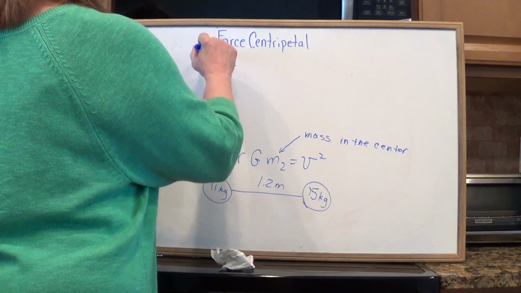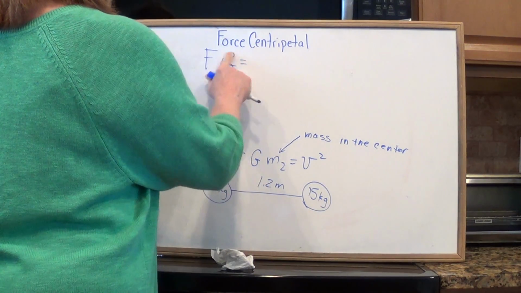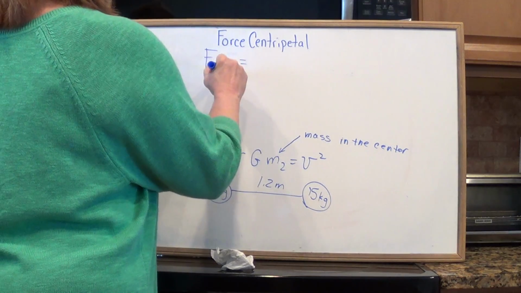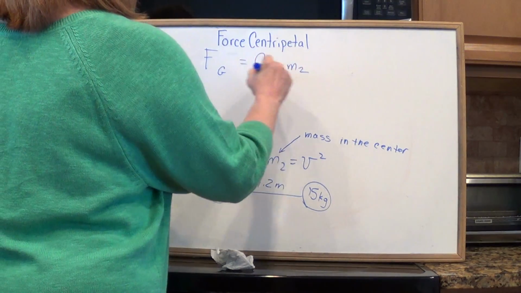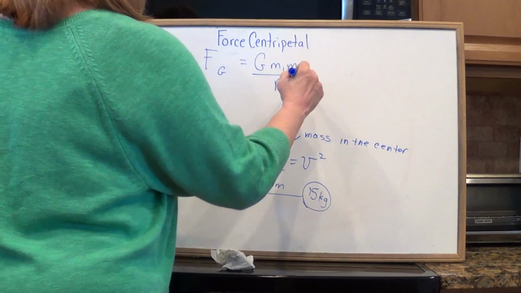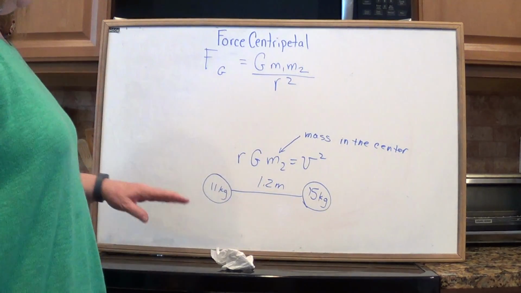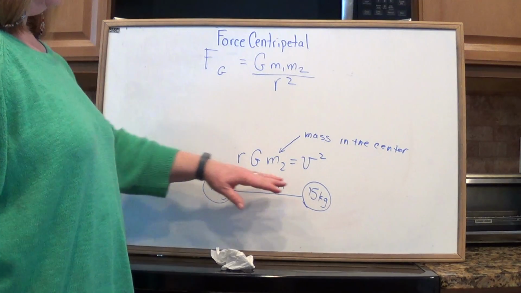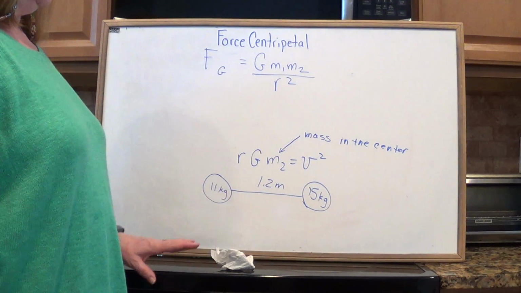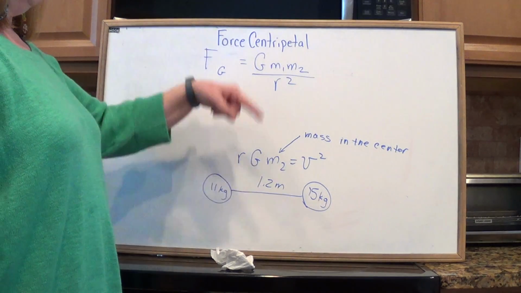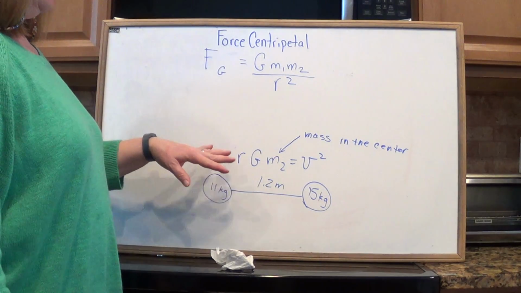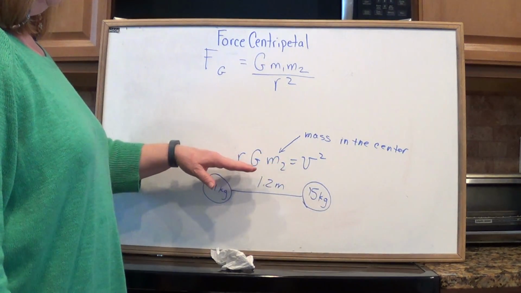Force of gravity, let me lowercase this g, equals big G M1 M2 over r squared. And we can just take the numbers that are presented here and throw them into the formula and see what comes out. In this case, where we don't have one thing spinning around the other, we will not use the simplified version.